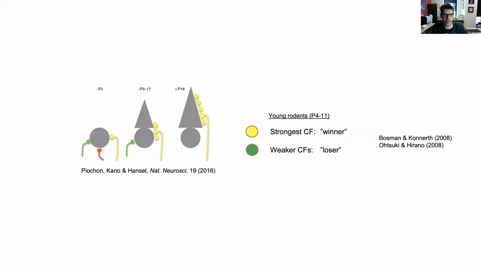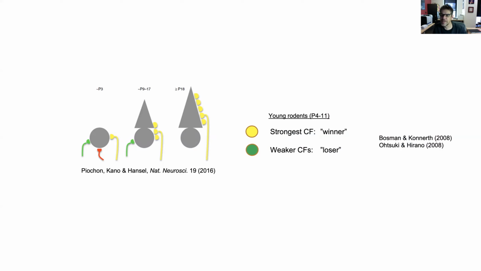It was shown in 2008 by two independent papers, one from Bosman and Konnerth and another from Ohtsuki and Hirano, that this is a competitive situation that is calcium dependent. The survivor climbing fiber is the strongest climbing fiber, that's the winner, and the weaker ones are the loser climbing fibers. It's calcium dependent.